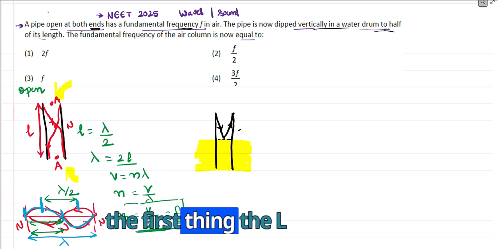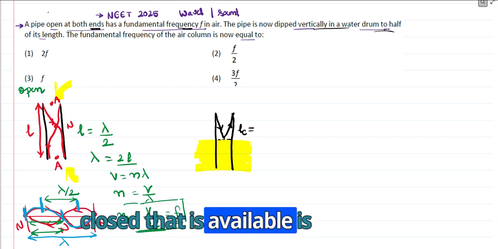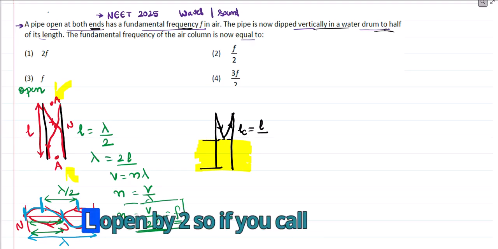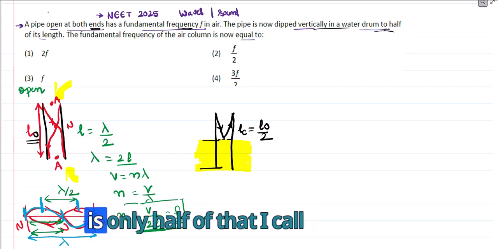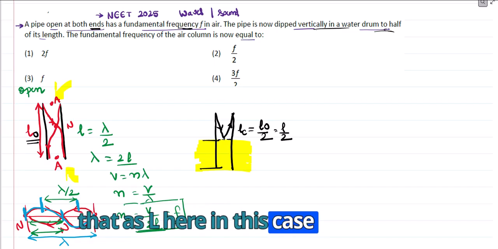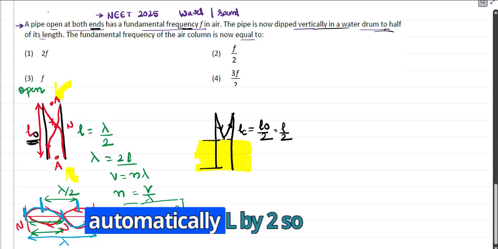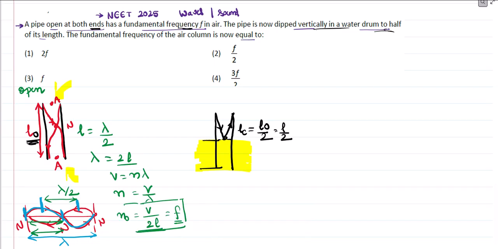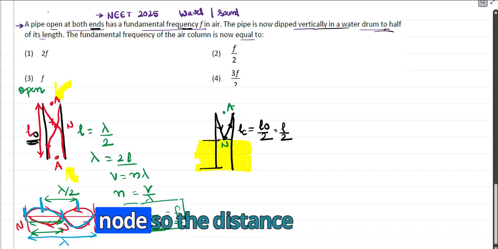The length of the closed pipe that is available, as half is dipped, is L open by 2. So if you call this L open, here there is only half of that. I call that L here. In this case, it will automatically become L by 2. So here there is a formation of a node. Here there is a formation of an antinode.